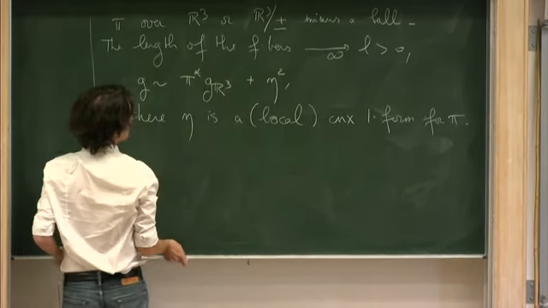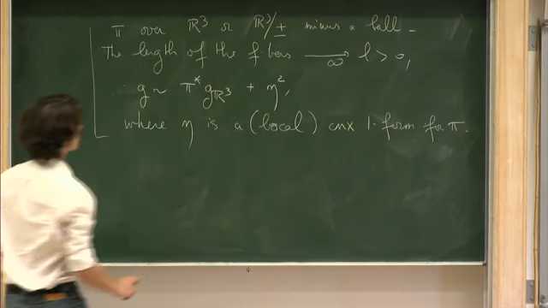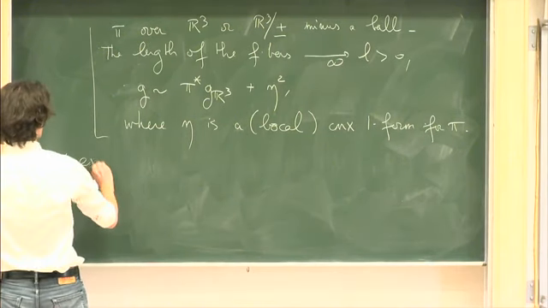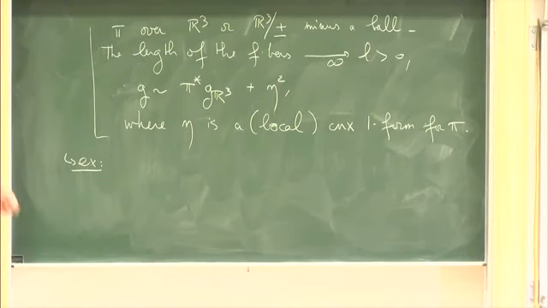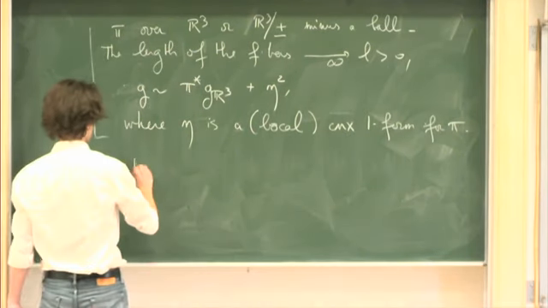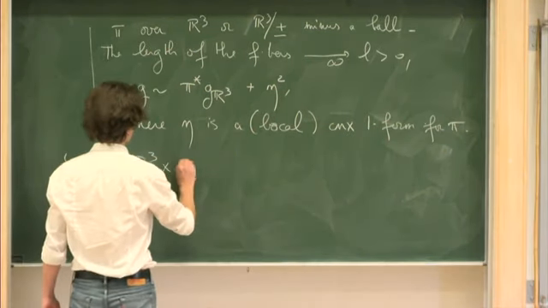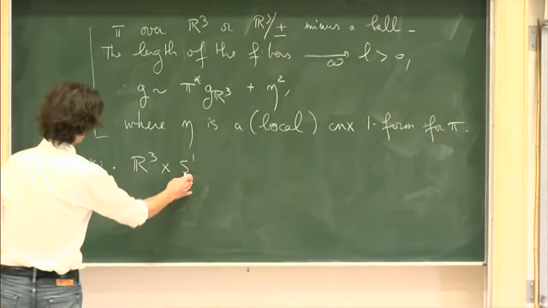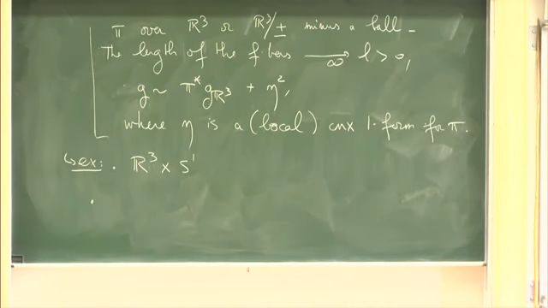And so let me illustrate the theorem with a couple of examples to make things a bit more concrete. You have the trivial example, which is just given by R3 cross S1, and here everything is perfectly obvious.